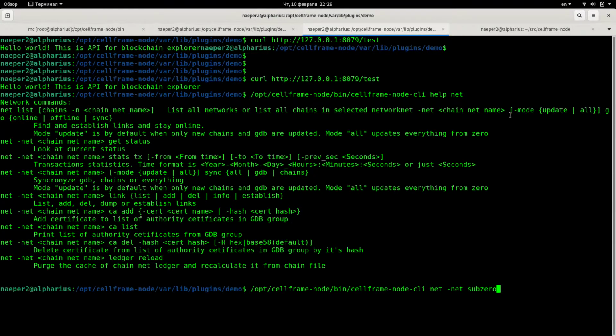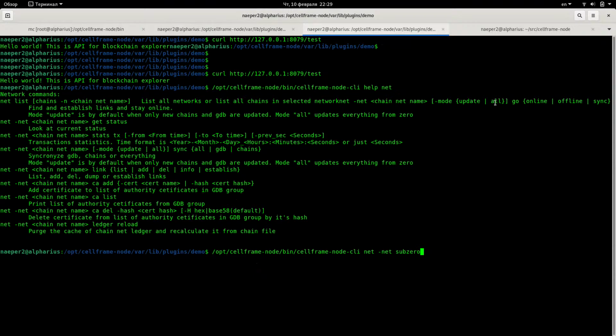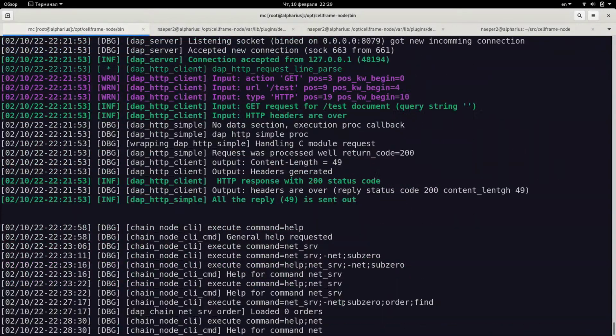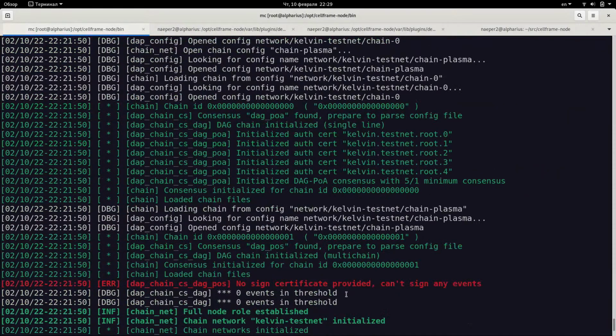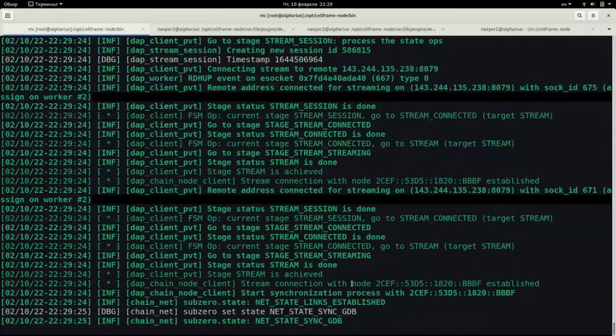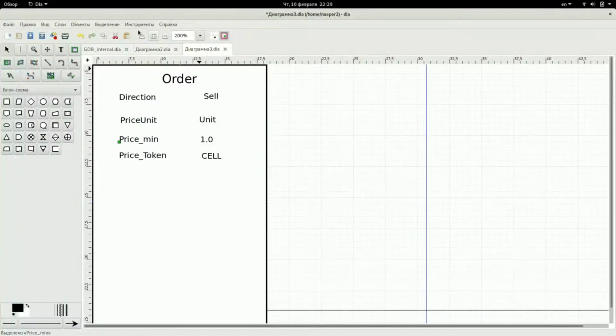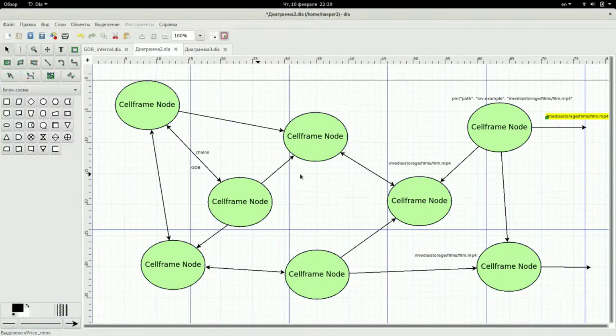Yes. This command, go online. Here we can see it goes online. Trying to bootstrap.